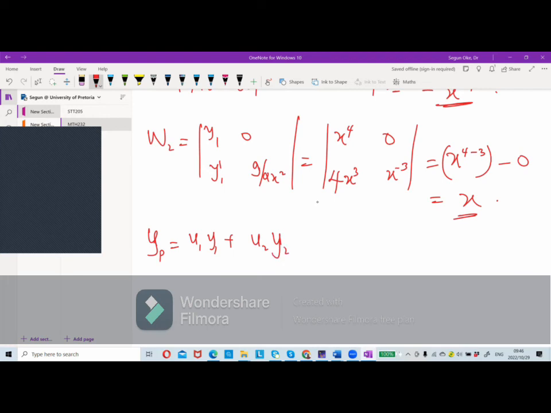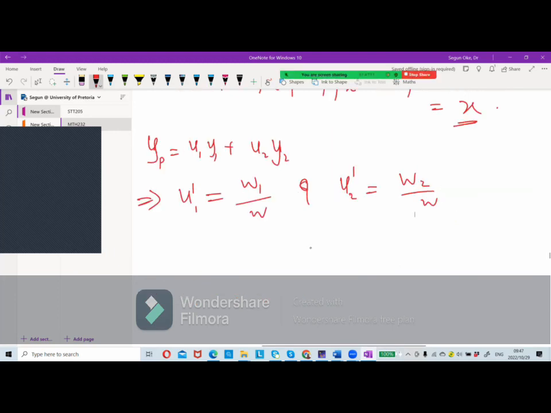But you cannot get U1 except you integrate, because this is differentiation, you have to get U1 prime. You have U1 prime already, but you are going to U. That means you have to integrate what you get in U1 prime. So U1 prime equals W1 over W, and U2 prime is the same thing as W2 over W.